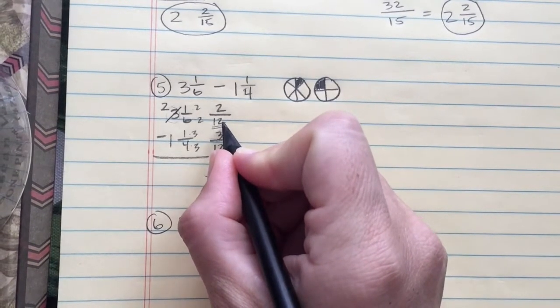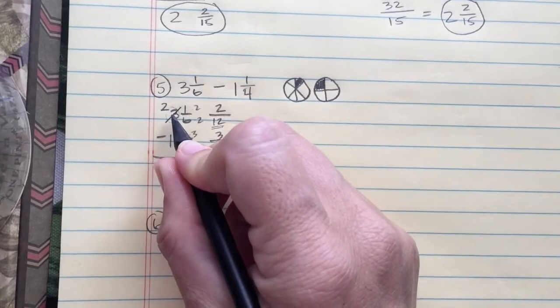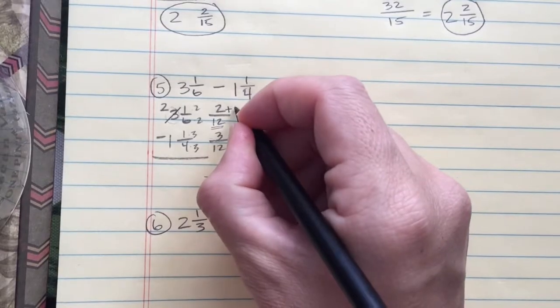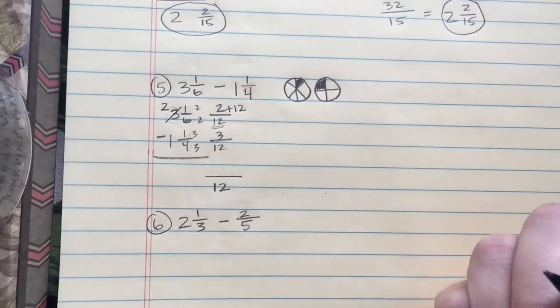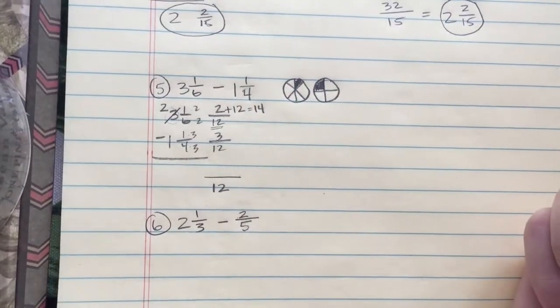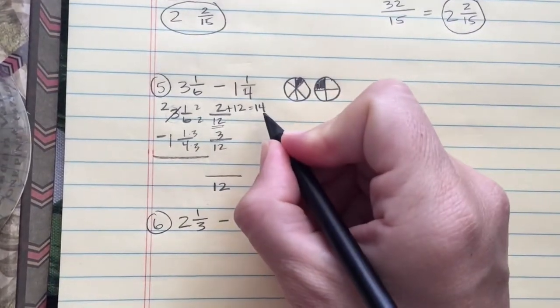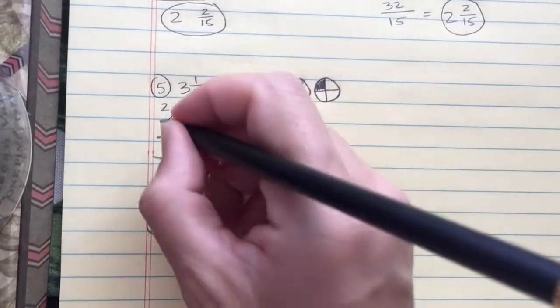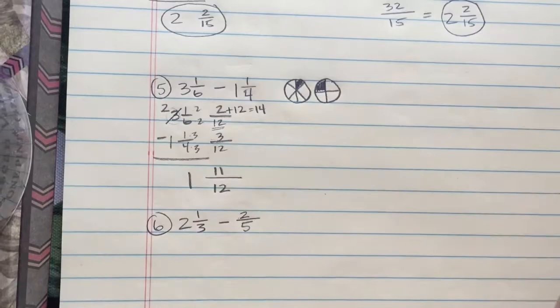So you're going to borrow a whole piece which has 12 little pieces in it, and you're going to give that to the 2. 2 plus 12 is 14. Now I can do 14 minus 3, which is 11, and 2 minus 1 is 1.